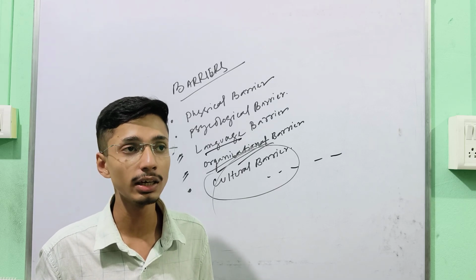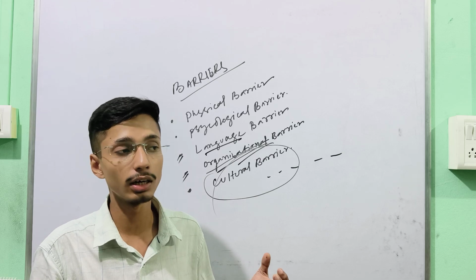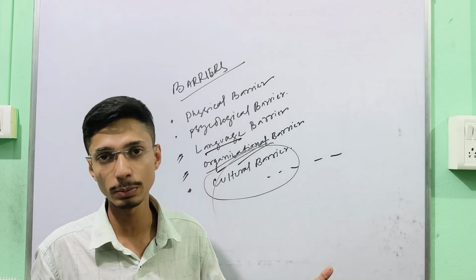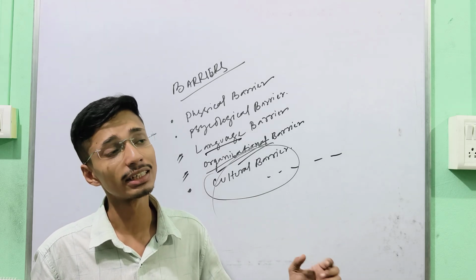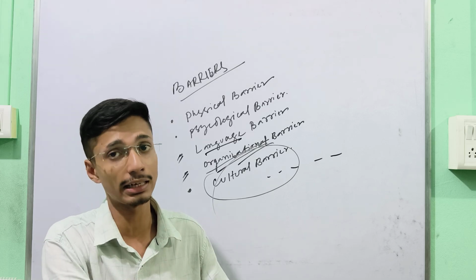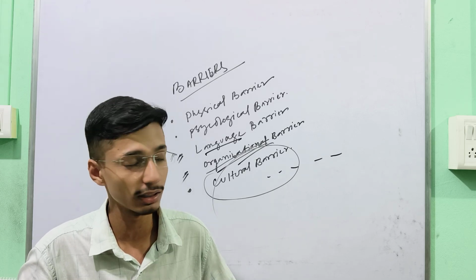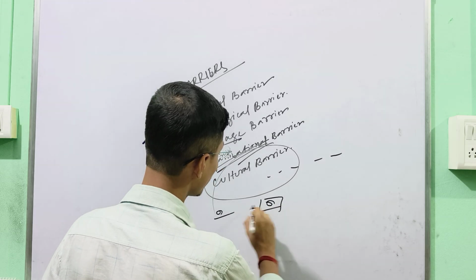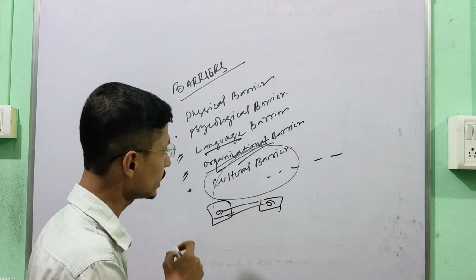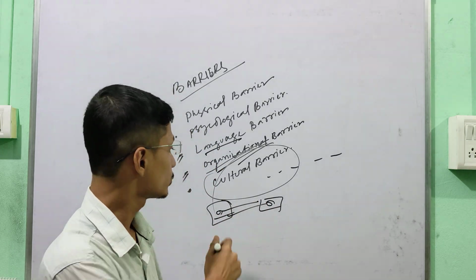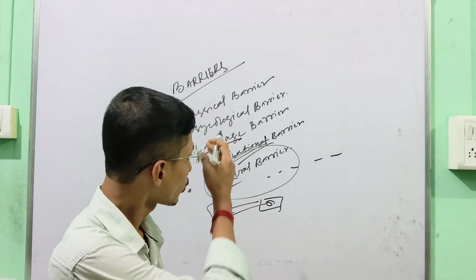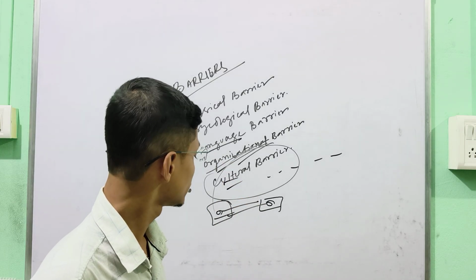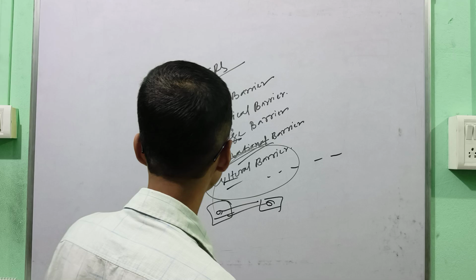As human beings we term them non-civilized people, but actually they are not non-civilized. They are civilized in their own region, and we are civilized in our own region. If there are different civilizations, we can't complete our communication successfully because of a barrier known as the cultural barrier. Those are the few important barriers which can generate problems in our effective communication process.